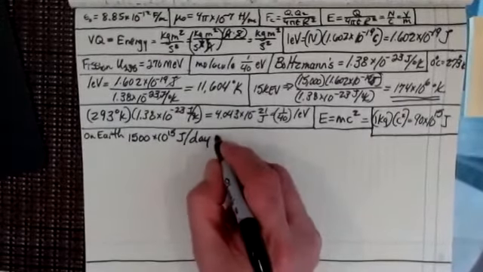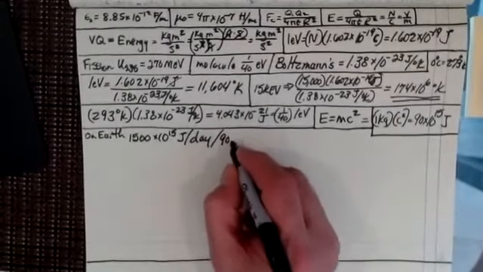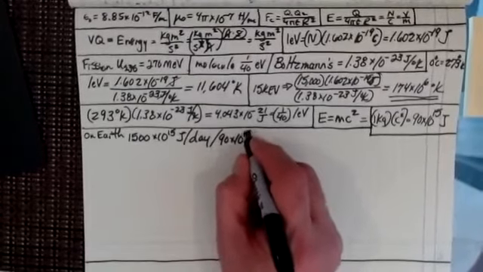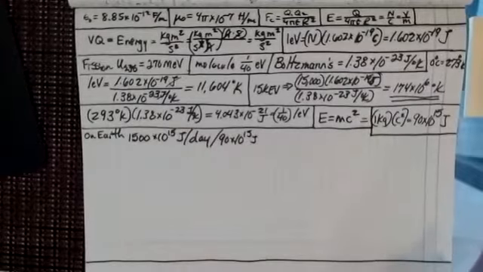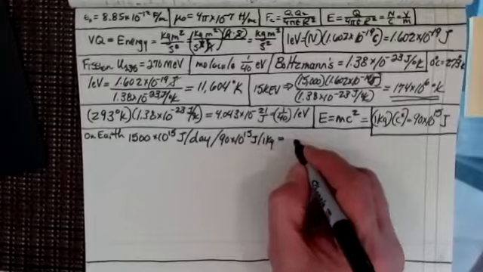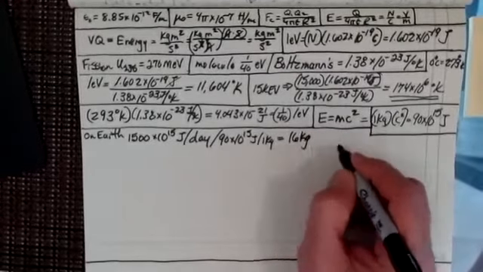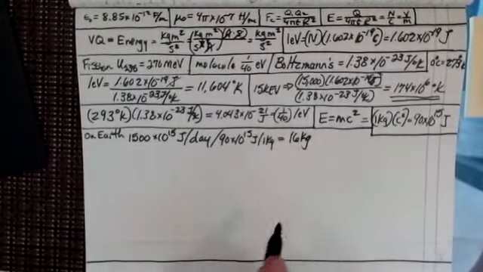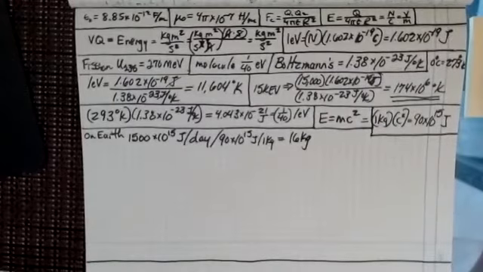If I divide that by 90 times 10 to the 15 joules per 1 kilogram of mass, that means I get 16 kilograms of mass is being changed into, with our energy use on the Earth today, 16 kilograms of mass.